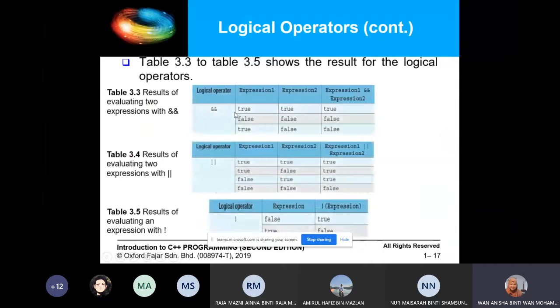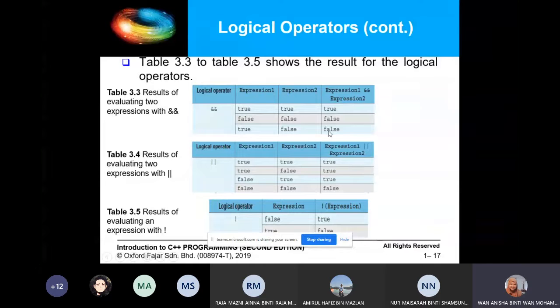Okay, let's see an example here. Look at this table. So for the and, if the expression 1 is true, expression 2 is true, then the answer will become true. Okay? So if the answer is false and false, of course lah false. So either if the answer is true or false pun dia akan jadi false here.